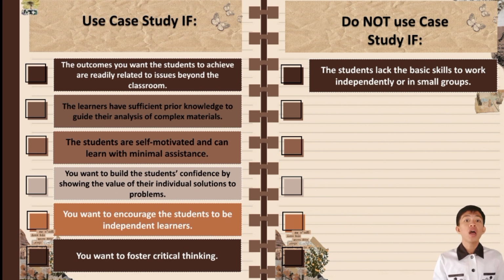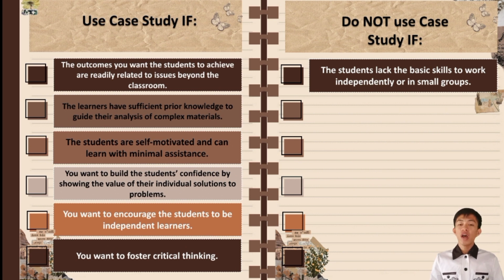But here, do not use the case method if the students lack the basic skills to work independently, because this will not lead to effective teaching. If the students are not used to working independently, they don't have any idea about what you're going to do, so they need some guidance and some prior knowledge to proceed with the things that need to be done in case study. Got it?